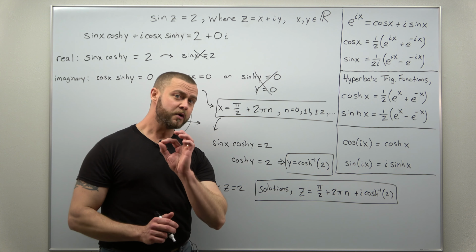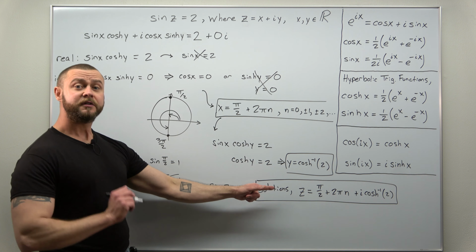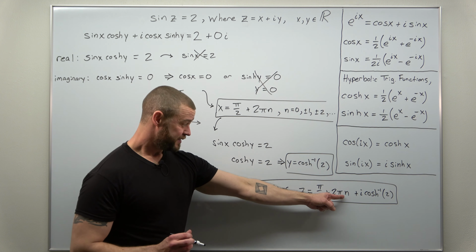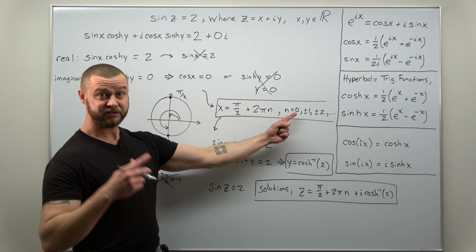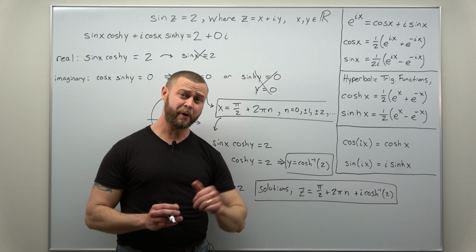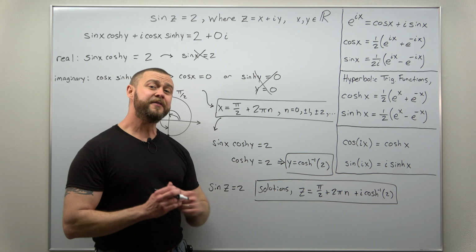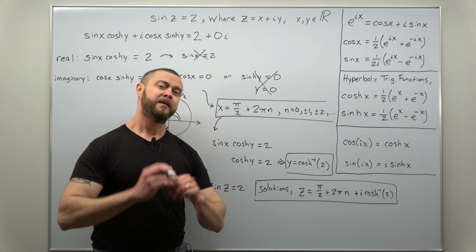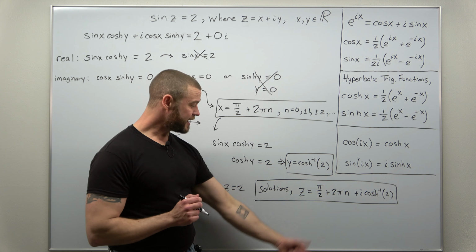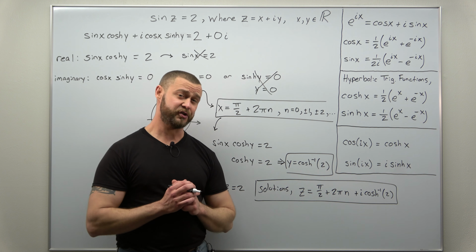We had to go into complex numbers to find all the solutions here. And technically, again, just to state it, with n being any integer, 0, positive or negative 1, positive or negative 2, and so on, you get an infinite number of complex solutions to sine of x equals 2.